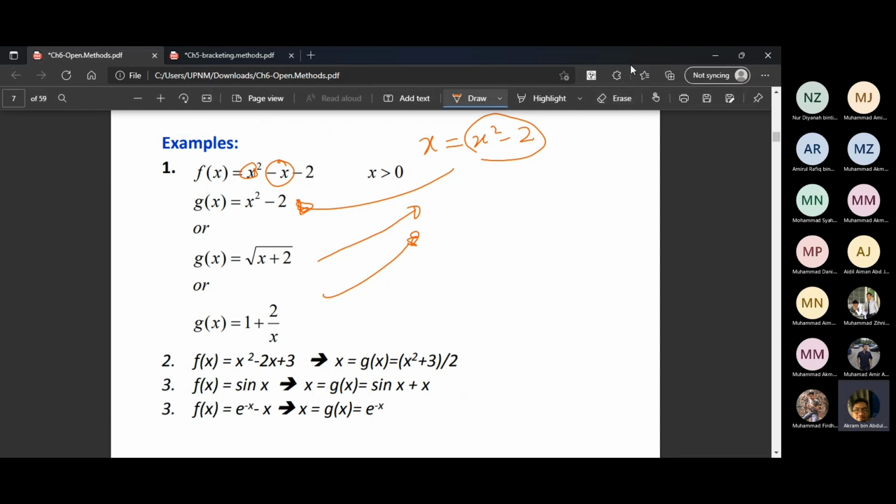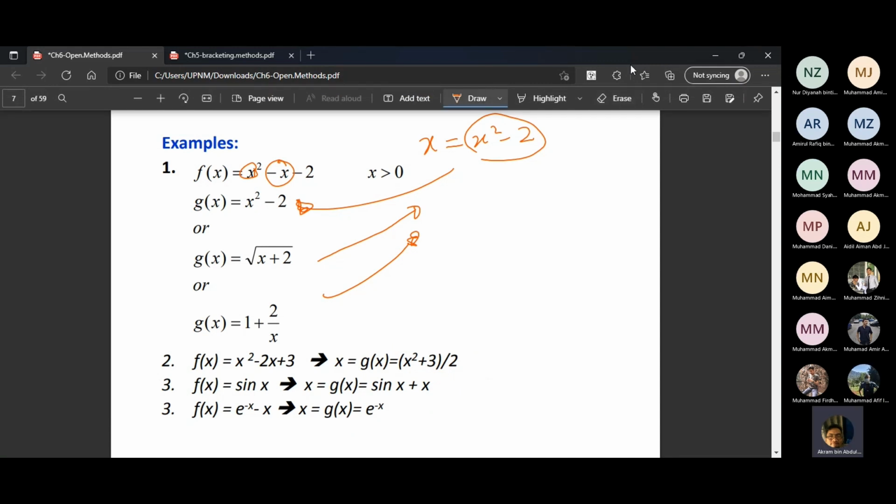Or let's say we have this f(x) equal to x squared minus 2x plus 3. So we can have our g(x) equal to x squared plus 3 divided by 2. Or we have f(x) equal to sine x, same as the previous example, so x equal to g(x), so x equal to sine x plus x.